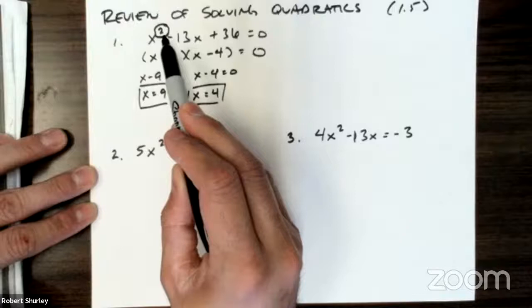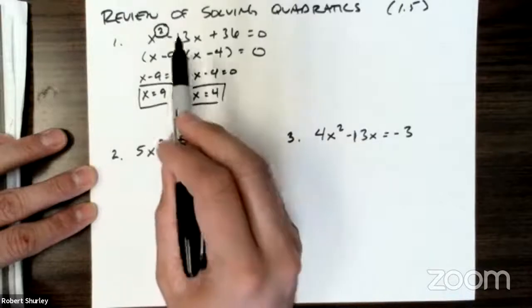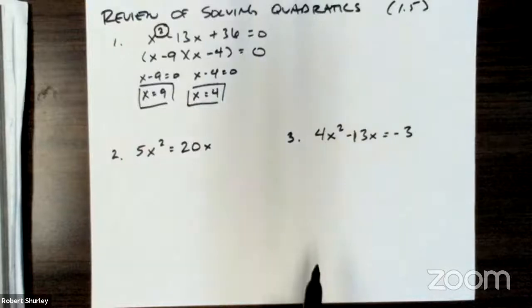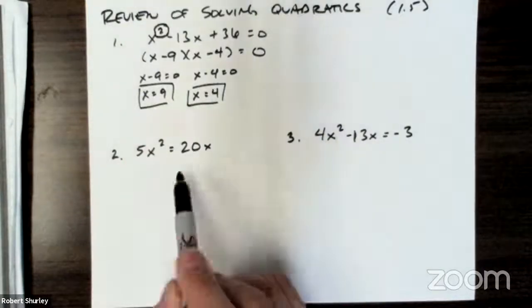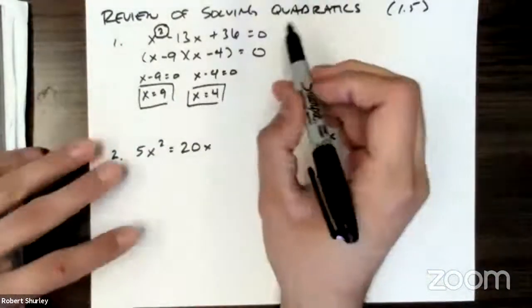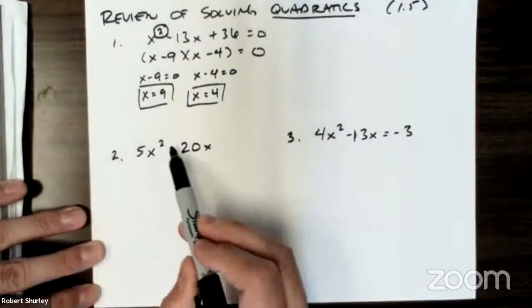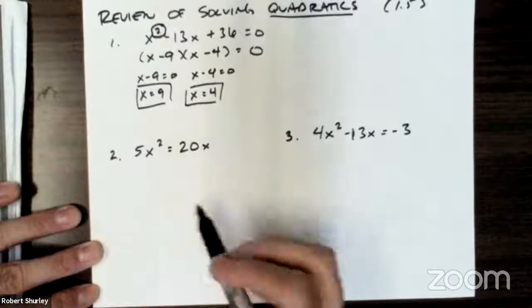The degree is 2, and the number of solutions is 2. That's not a coincidence at all. All three of these have a degree of 2 because they are quadratics, and because of that, they're going to have two solutions.